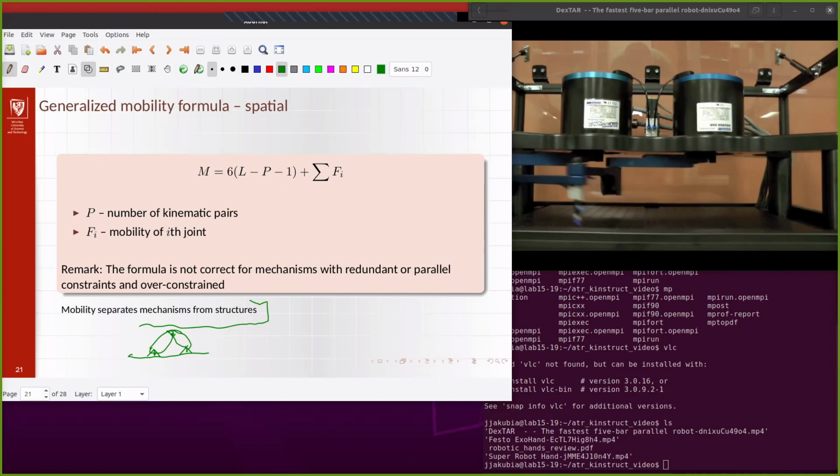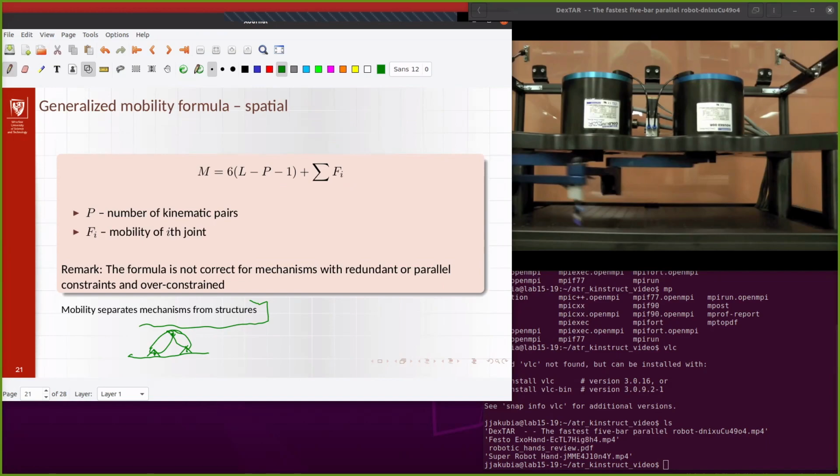As you can see, and when you calculate it from the formula, the degree of freedom that we get is 0. So in fact, it is not a mechanism, it is a structure, because it simply cannot move. Not so interesting for robotics. It's more interesting for construction.